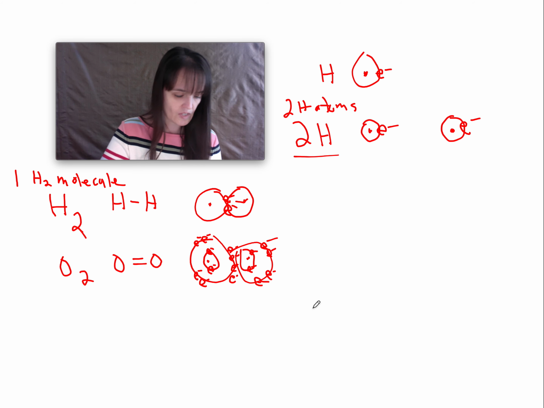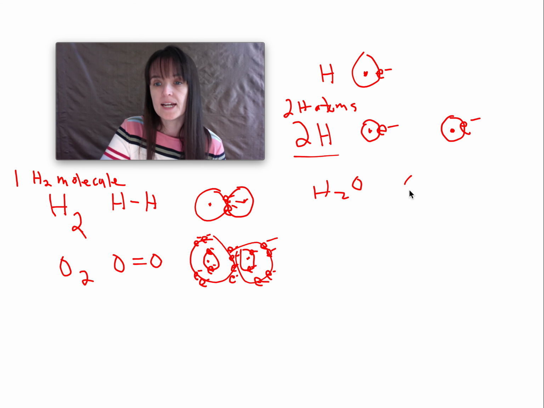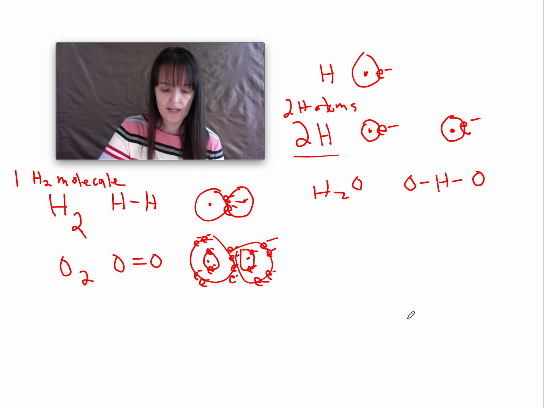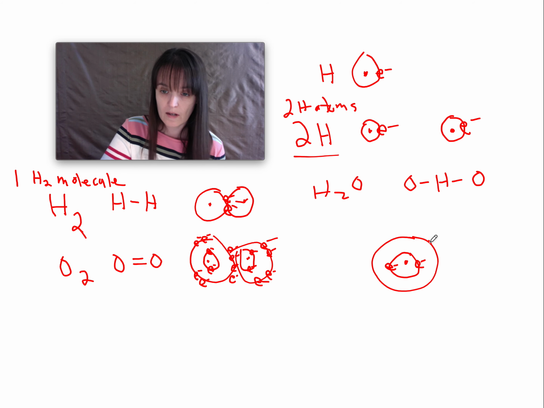There we go. And then water, which is H2O, H subscript 2O, because there's 2 hydrogens. And those are single covalent bonds. And that is drawn electron, electron, and then 2 electrons here.